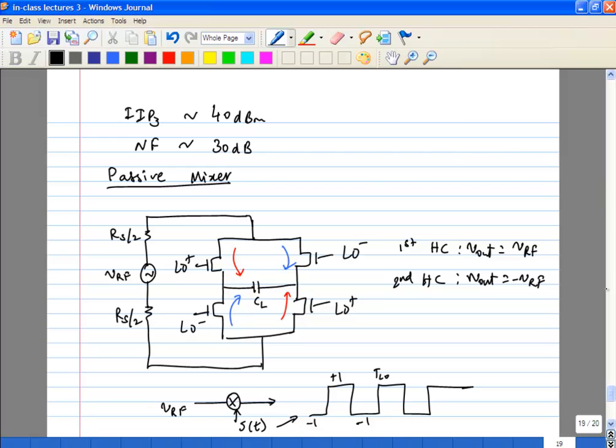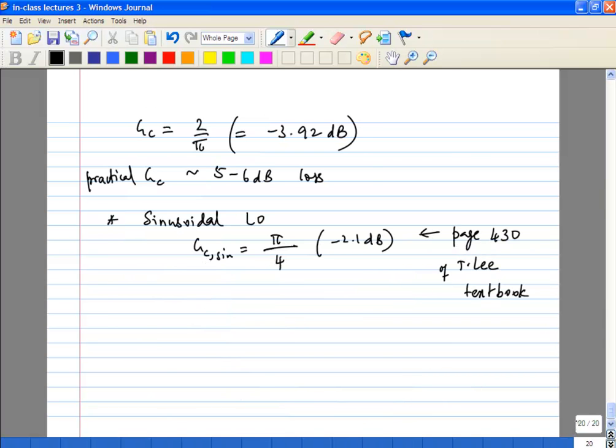It's going to have some kind of low pass response, and again you can show that the transfer function is 1 over, where GOAV is the average value of the output conductance, because the output conductance varies over one cycle as switches turn on and off. So GOAV is the output conductance at the IF port.